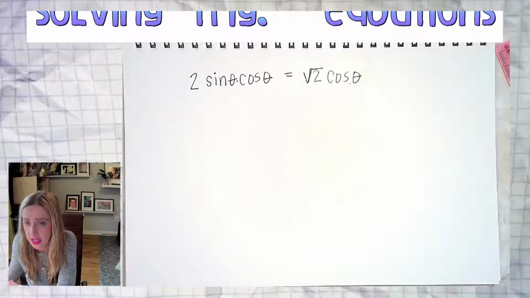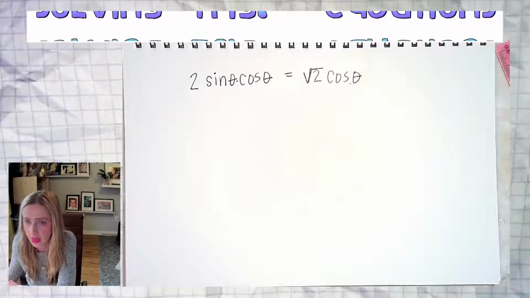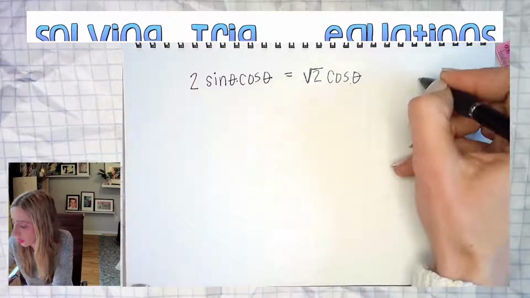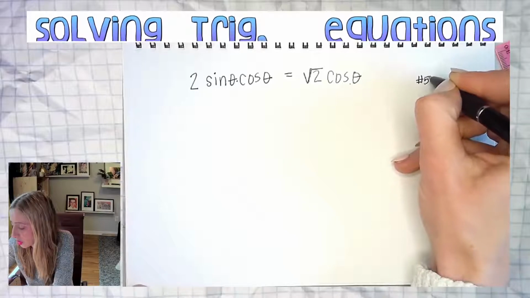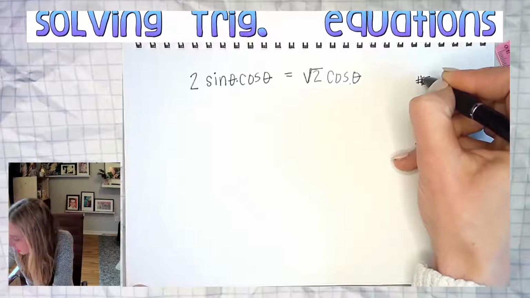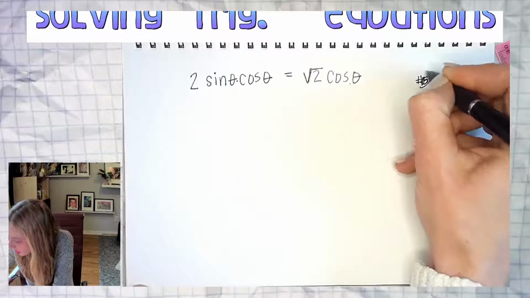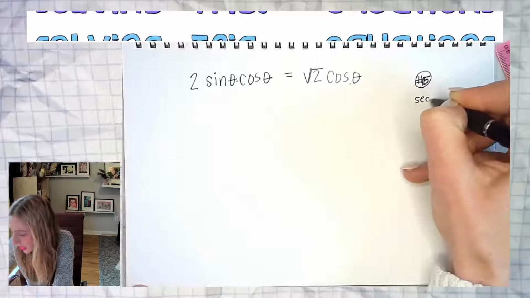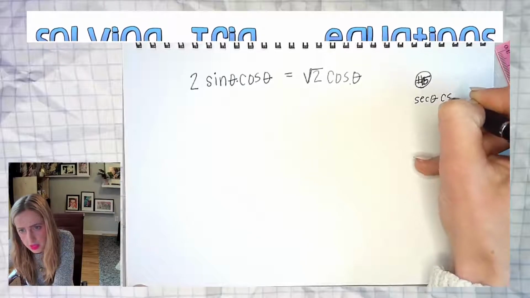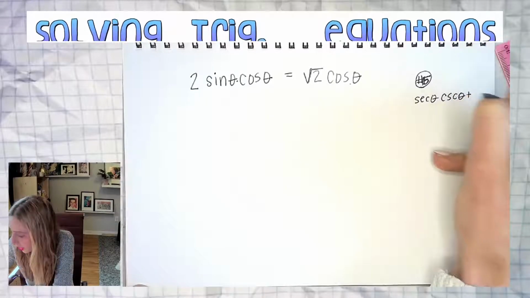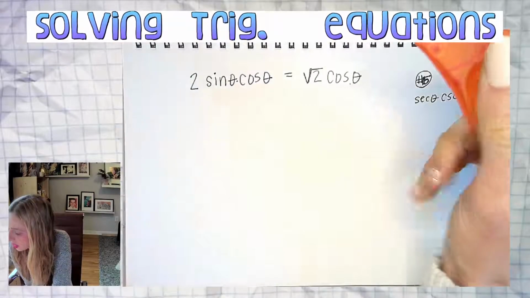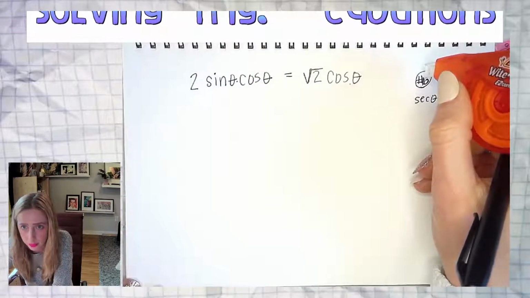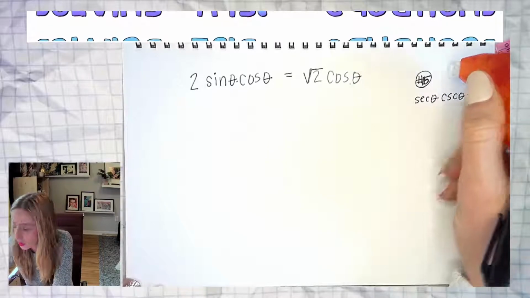Number 15 was secant theta cosecant theta plus radical 2 cosecant theta equals 0. It's very similar. So look, 15, which you should have copied into your notes just recently, is very, very similar, but it was secant theta cosecant theta plus, of course I don't really have that much room, plus root 2 cosecant theta equals 0.